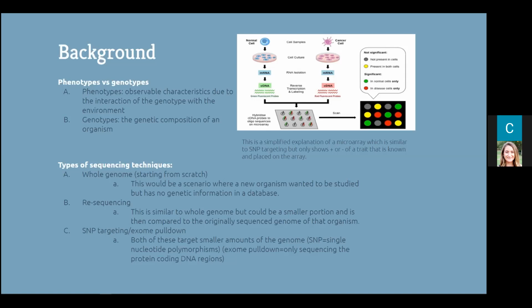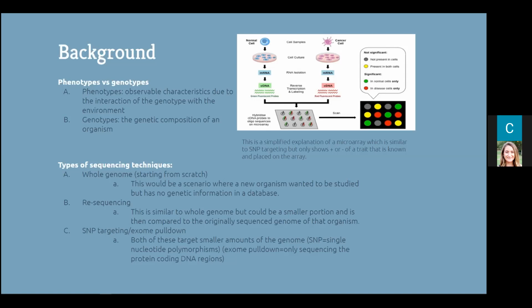Resequencing is using a whole genome to basically compare to. So if you can sequence part of an organism's genome and then compare it to the whole genome that was sequenced prior to gain insight about the specific organism that you are studying.